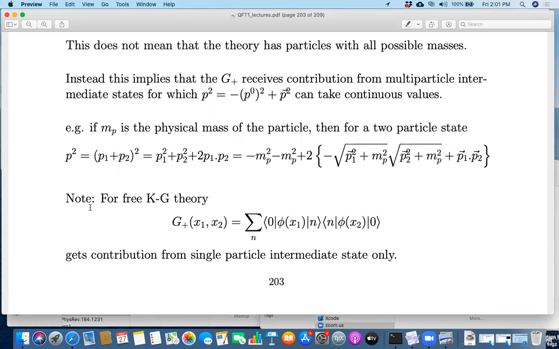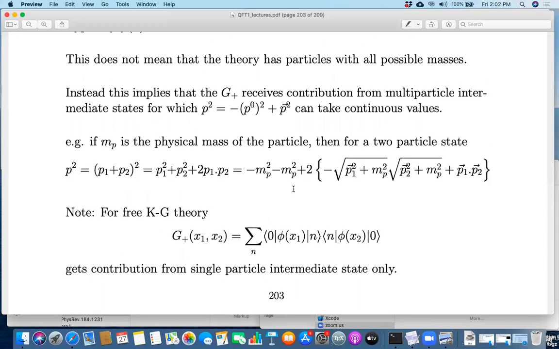In contrast, if we recall free Klein-Gordon theory, there G plus is the same as delta plus. In this sum, you can easily convince yourself that only the single particle states contribute. There is no contribution from multi-particle states because phi has a single a and a single a dagger.